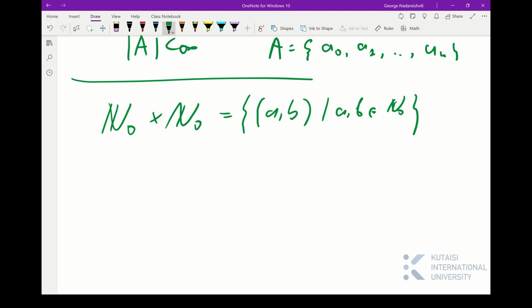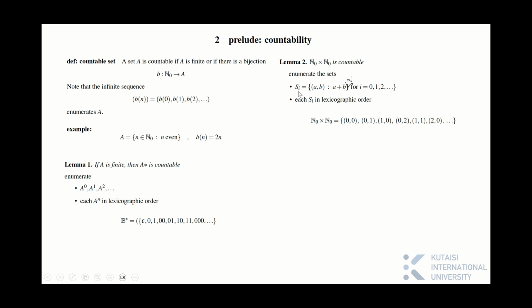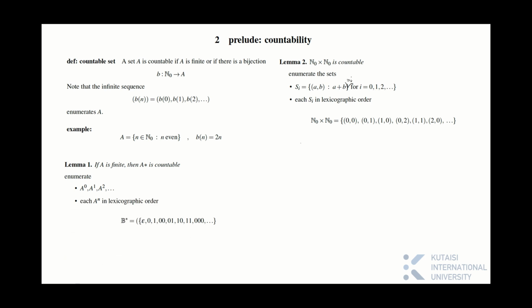So what we can do, let me show you, denote by S_i those pairs that sum up to i. For example, S0 will just contain one pair, 0, 0.